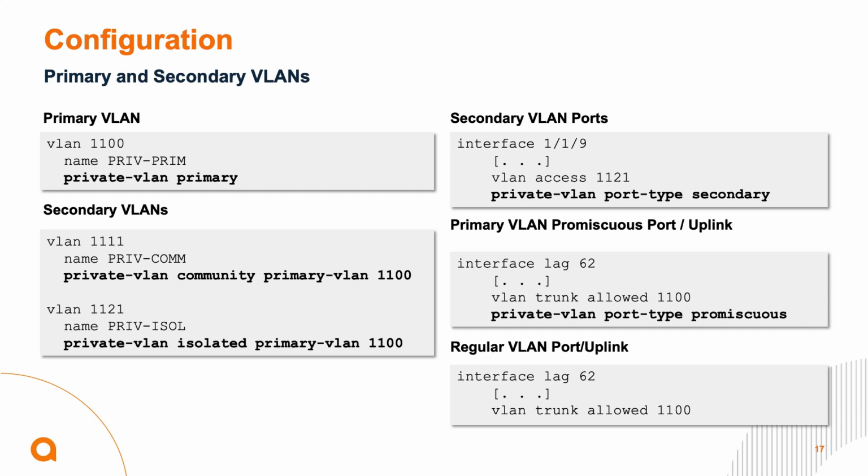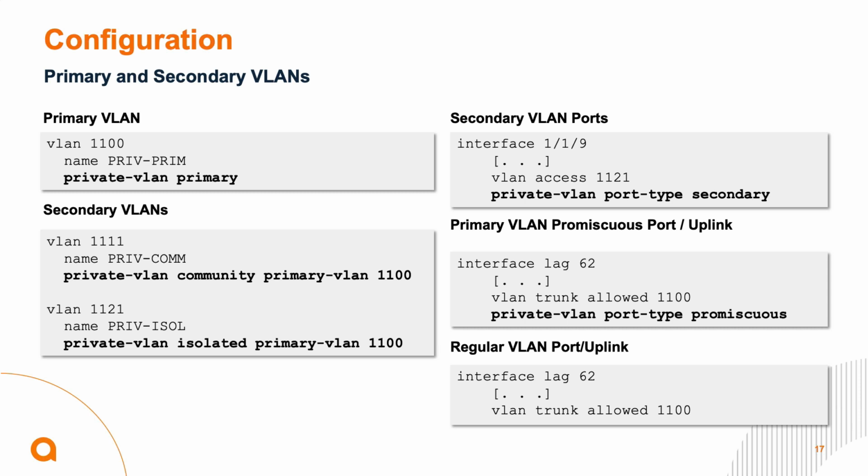So to create secondary VLANs, you create the VLAN, and then you add the private VLAN, and then you say either community or isolated VLAN, and then you add the primary VLAN. So that's the secondary and primary VLAN association.